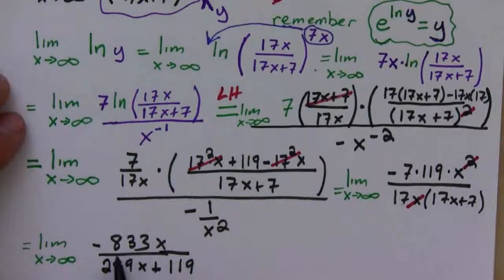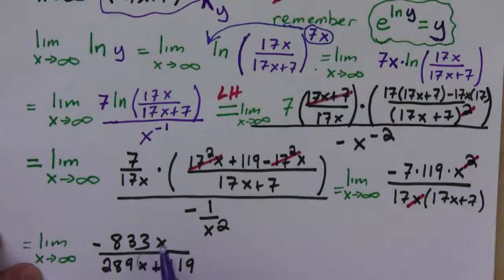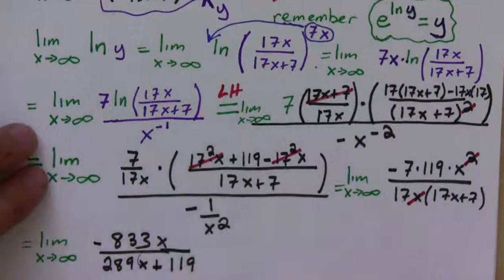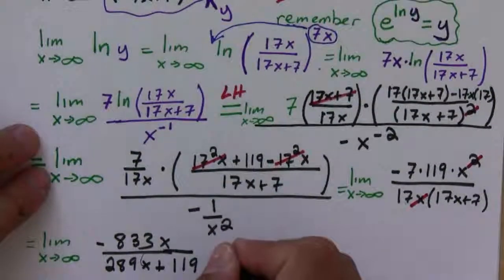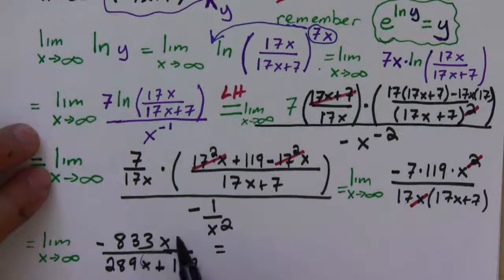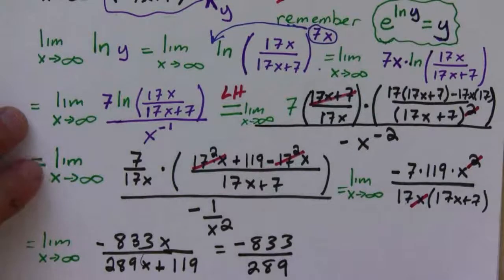And now that we're pretty far advanced, we know that the limit as x goes to infinity, since the degrees are the same. Technically, I'm not supposed to do this because we're supposed to go through all the steps. But since we're pretty far in advance here, I'm going to skip the step where you divide by x to the highest power and just say this is equal to negative 833 over 289.